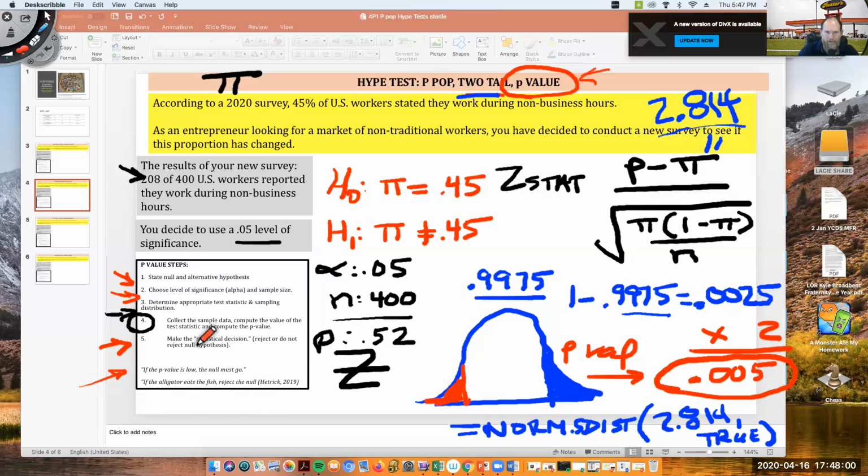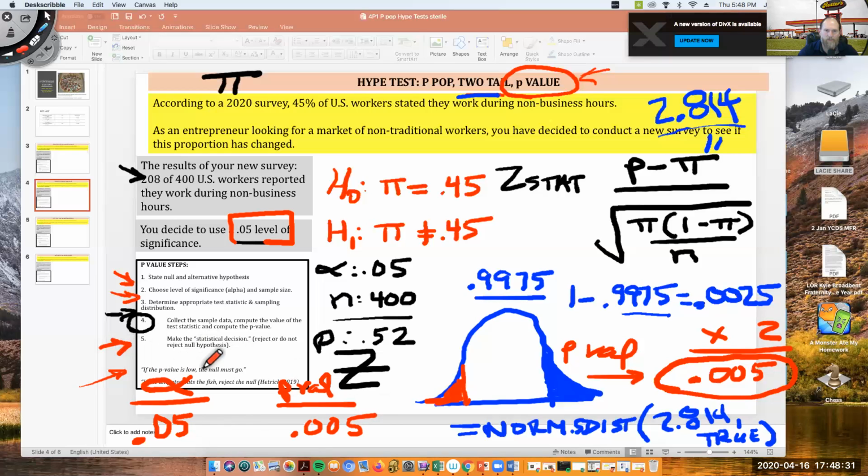Well, we need to take this level of significance. Let's just line it up right here, like that. And I'm going to put it underneath alpha. And then I'm going to put my p-value over here, 0.005.